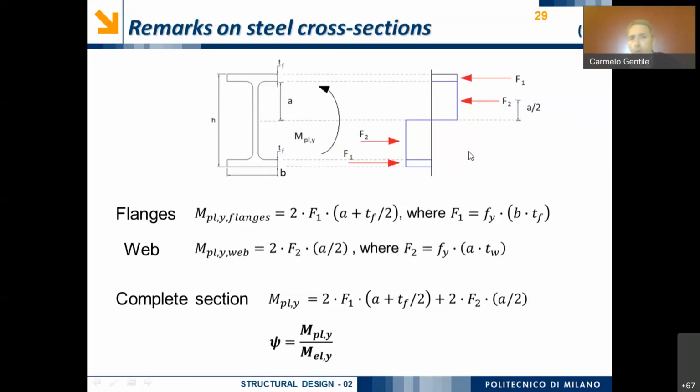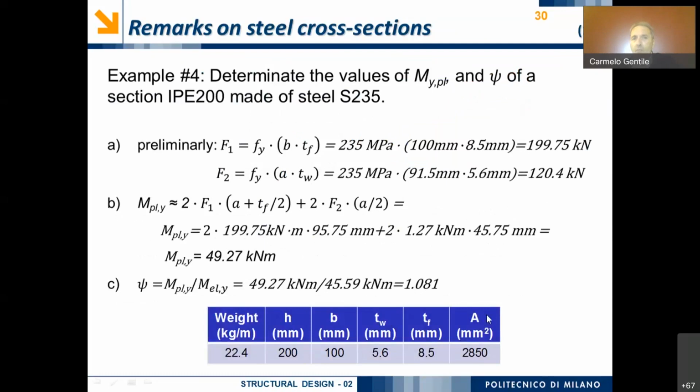Of course, in this way, it is very easy to evaluate the plastic ratio, so the ratio between the fully plastic moment and the first yielding bending moment. Since we know that this coefficient is also equal to the ratio between WPL and WEL, I can easily obtain that coefficient from the standard tables.